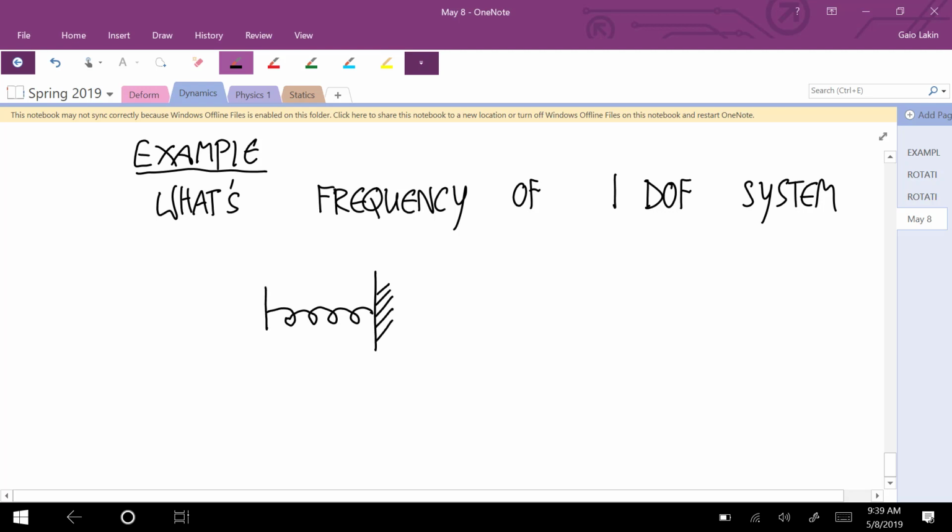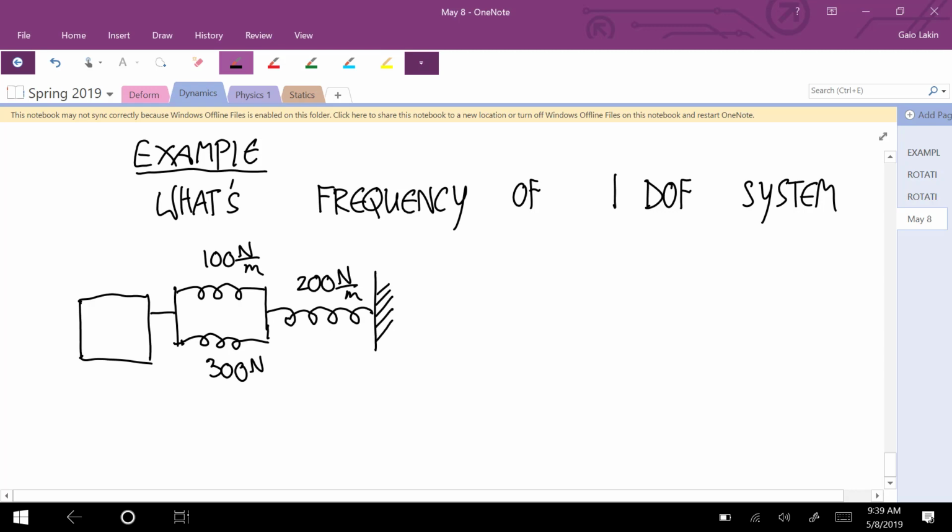You have a spring with a constant of 200 newtons per meter, connected to another one where you have a 100 Newton per meter and a 300 Newton per meter, and it's connected to a mass of 1 kilogram. So what would be the frequency of that system?